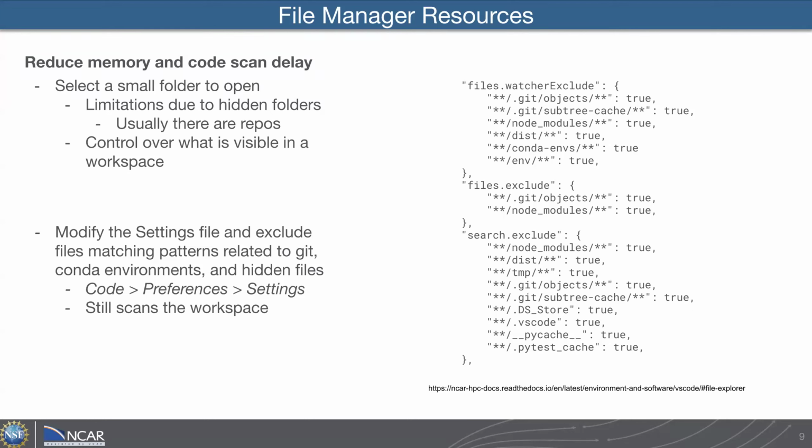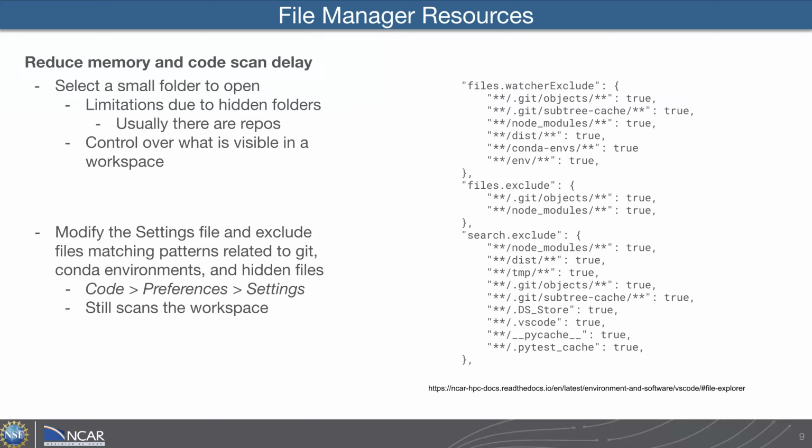And obviously there's just fewer files to access and scan over. But this also has a benefit of only limiting VS Code to see what's in that current path and having that as that workspace. Usually there are a lot of hidden files, let's say in your home directory, or if you have a GitHub repository, there's a lot of hidden files that exist in those. So another way to help out with that is to exclude some of those hidden files or files that aren't necessarily needed for code autocomplete or some querying that you have in your prompt.